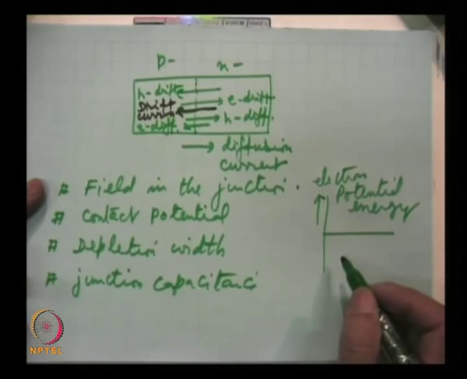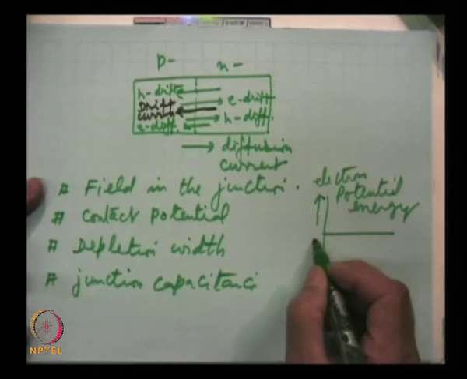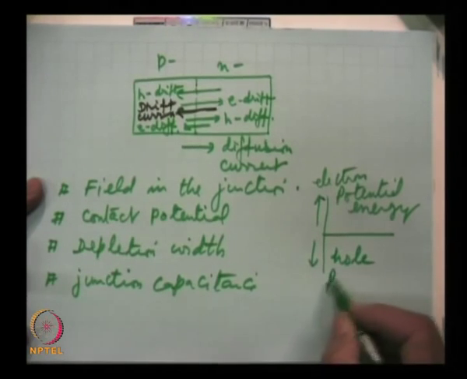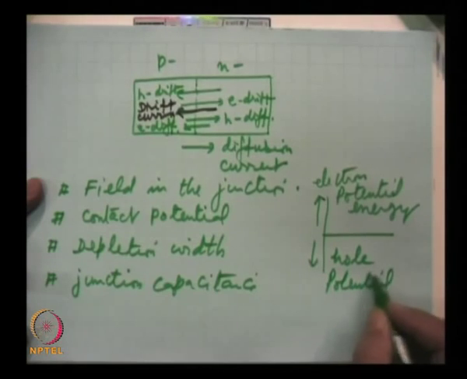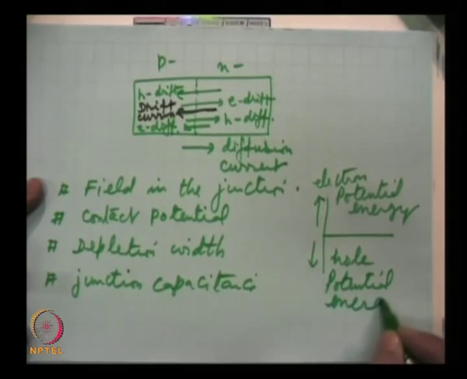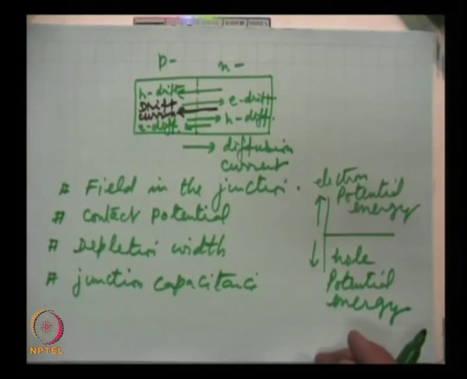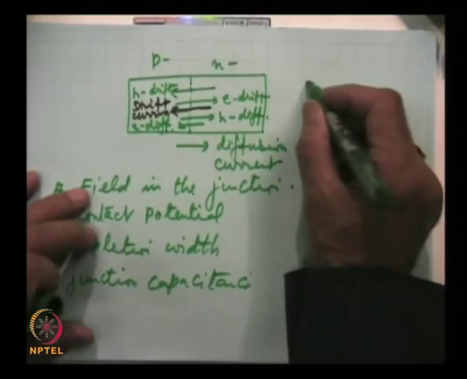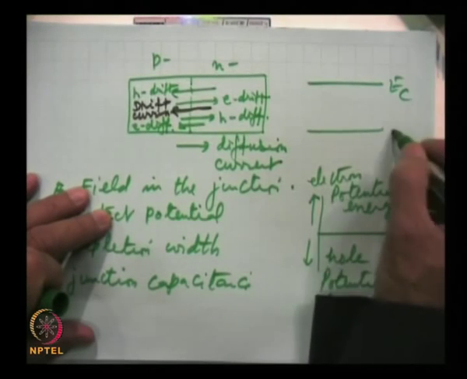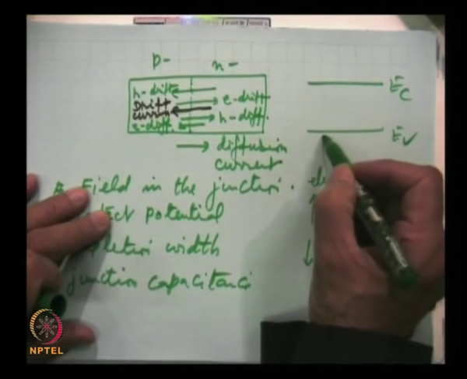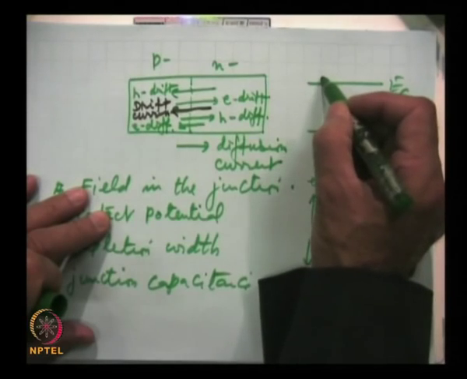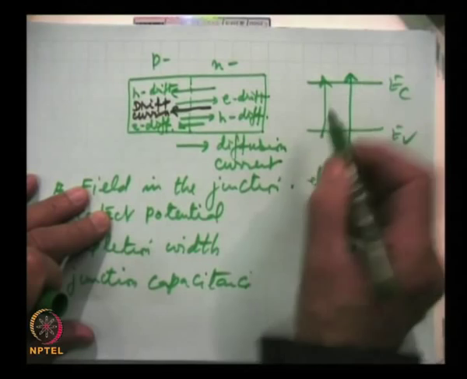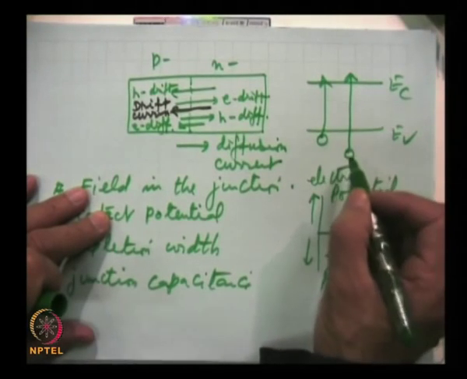But the hole potential energy goes in the opposite direction. Why? I can demonstrate in a second: if an electron goes from here to there, then this creates a hole here.